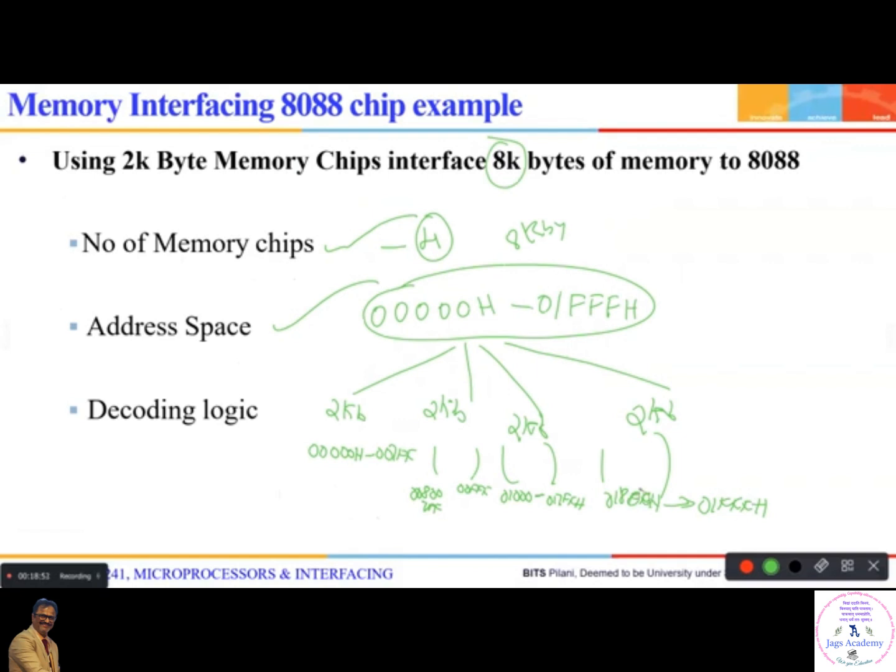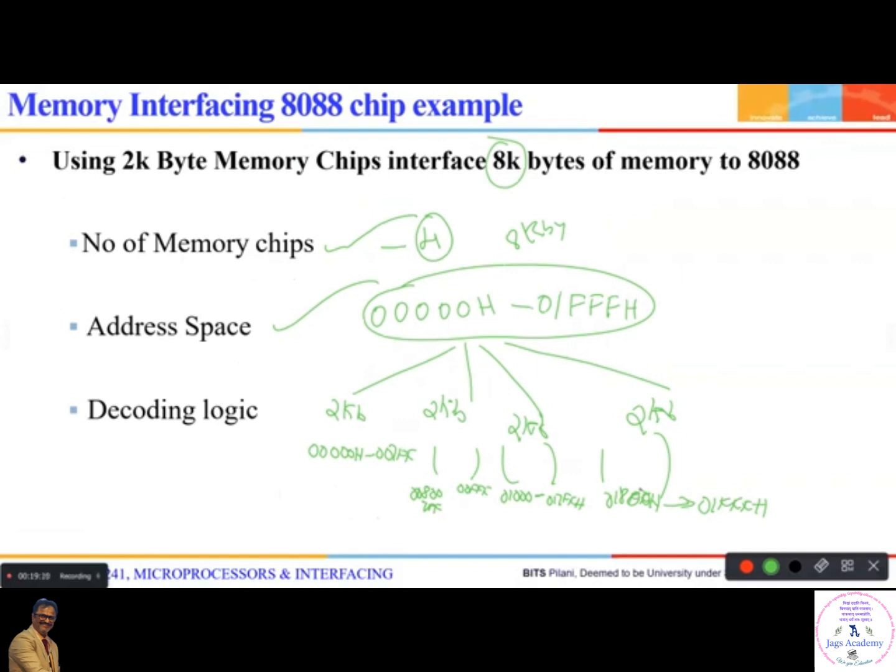If you know this, 30% of the memory interfacing is done. First, you should know how to divide that memory. This is for 8088, okay? After that, address mapping, also called address space.